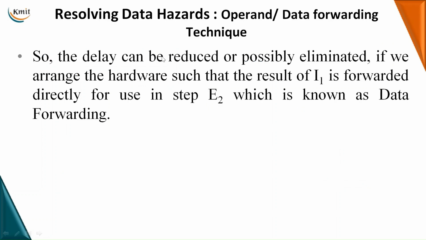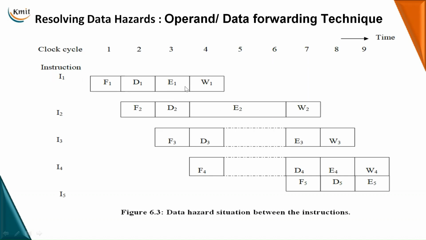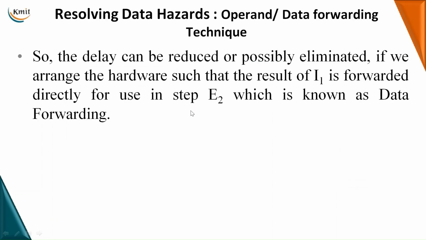Here the delay can be reduced or possibly eliminated if we arrange the hardware such that the result of the instruction I1 is forwarded directly for use in the step E2. So from E1 it is directly forwarded to the E2 step, which is known as the data forwarding or operand forwarding technique.